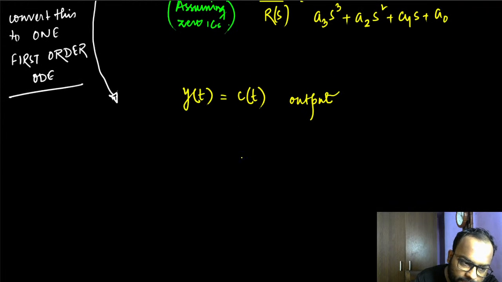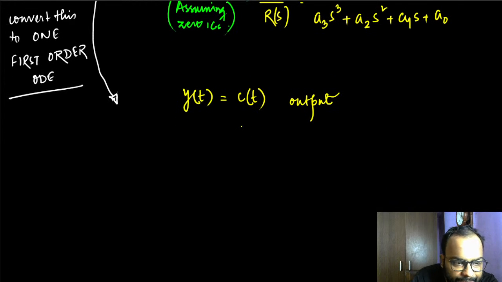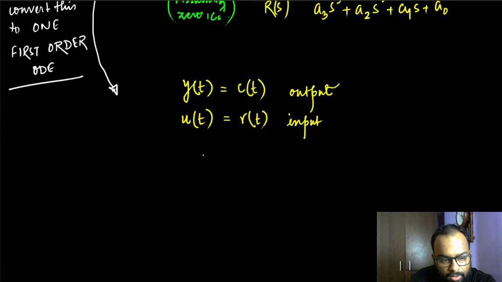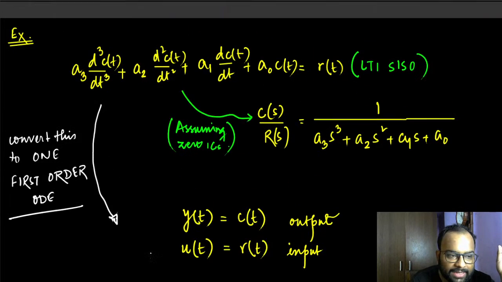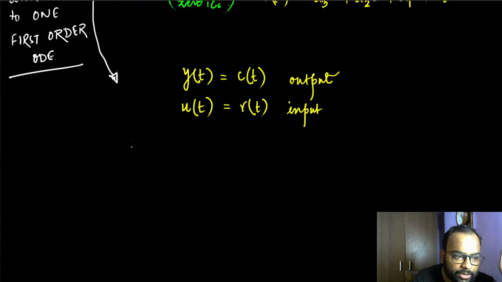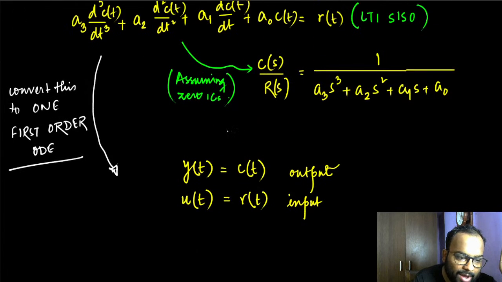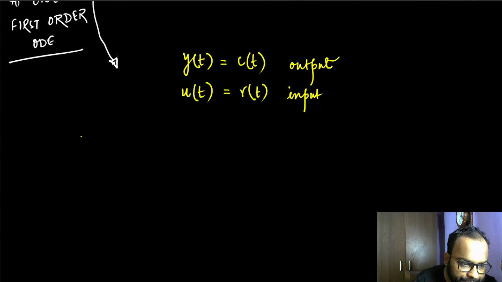Similarly, we usually write R to represent the input, and here in the state space terminology, we are going to use U to represent the input. These are standard terminologies, and nothing much will change. If I now write down this differential equation, instead of C I would write Y, and instead of R I would write U.